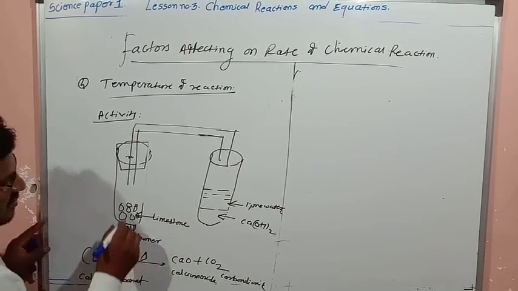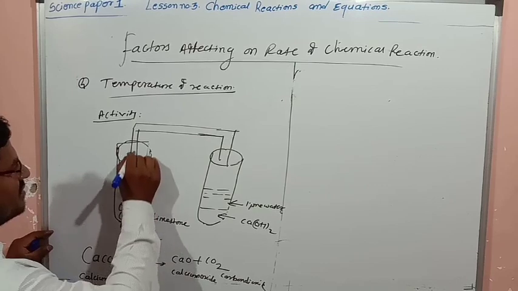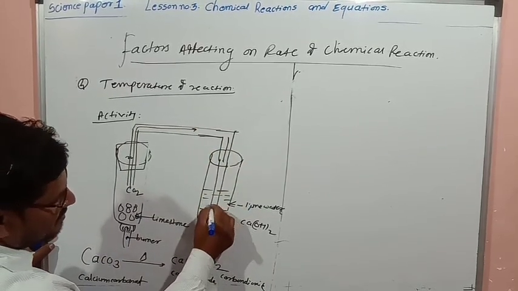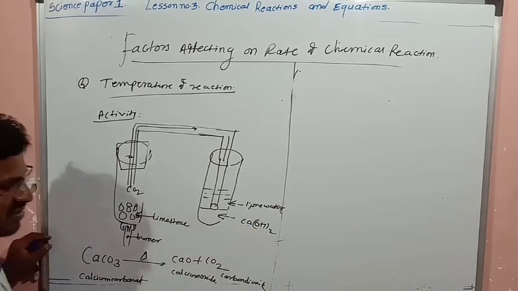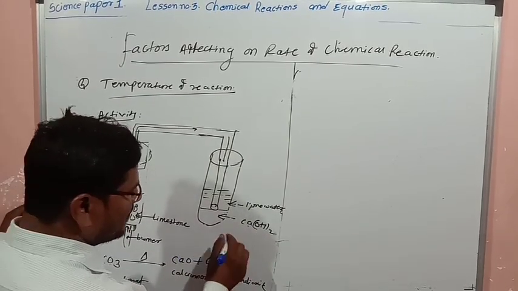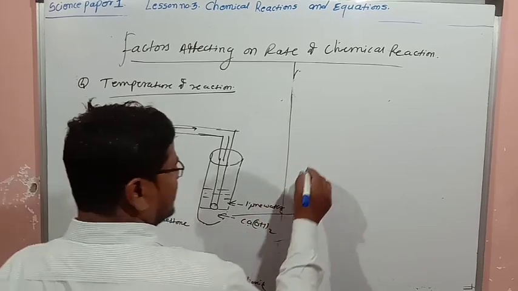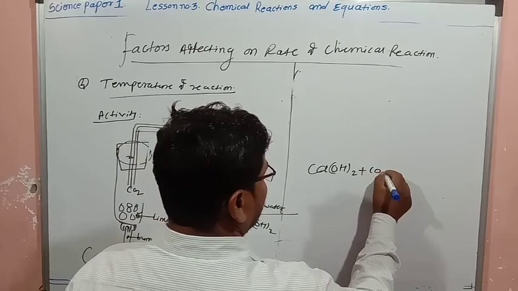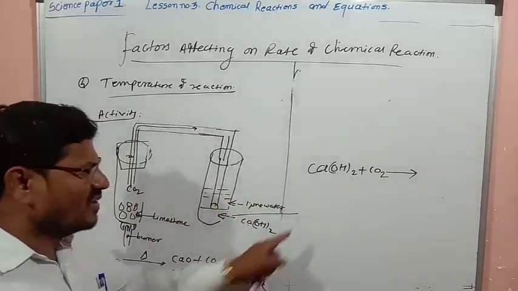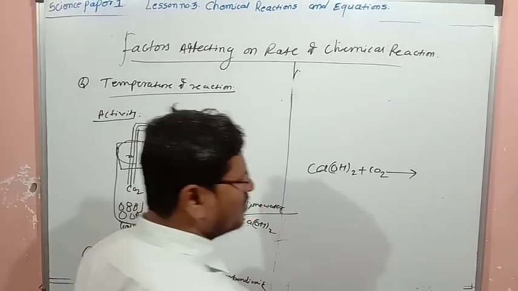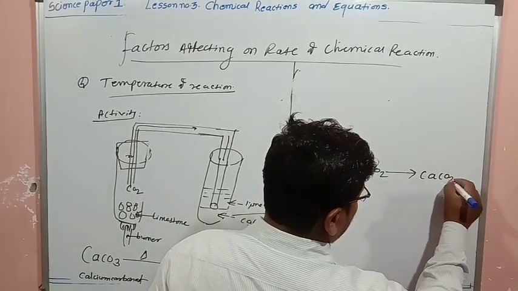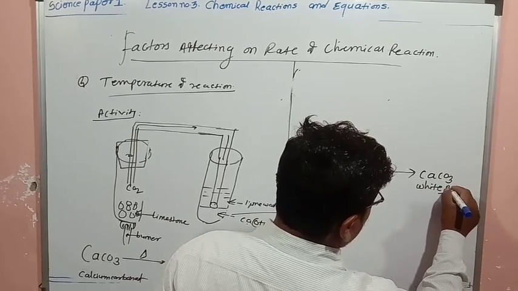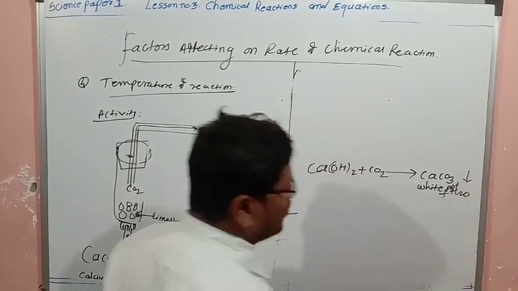So when you are heating this, CO2 gas is produced and this CO2 gas passes through the bent tube and through that calcium hydroxide solution. Here also a reaction takes place. Ca(OH)2 plus CO2 forms CaCO3 plus H2O, and this one will be a white precipitate, the downward arrow we were showing.